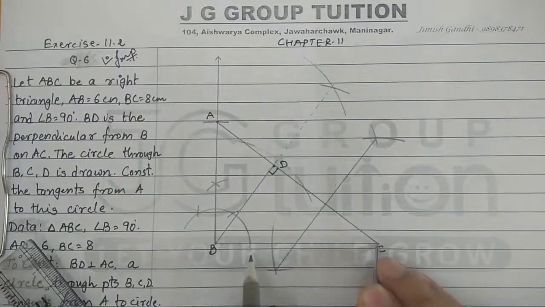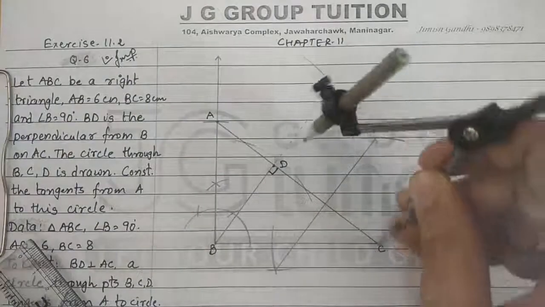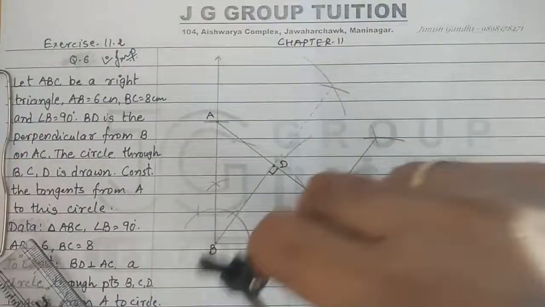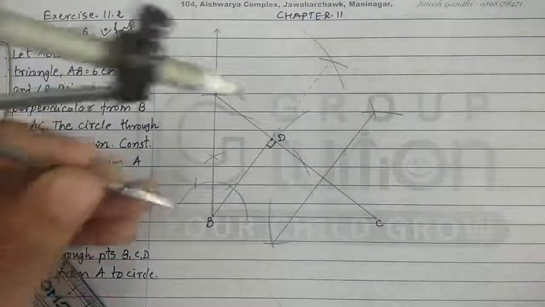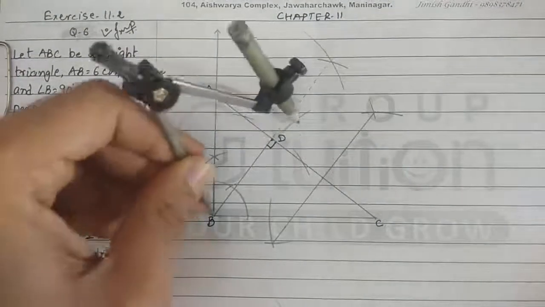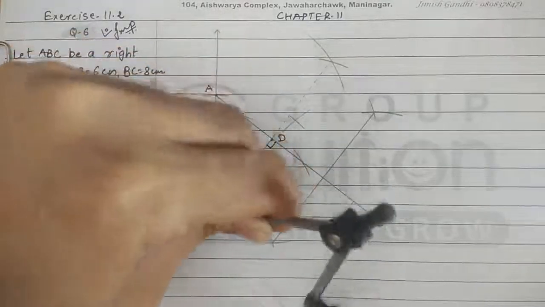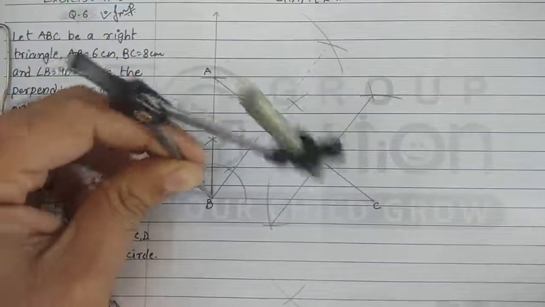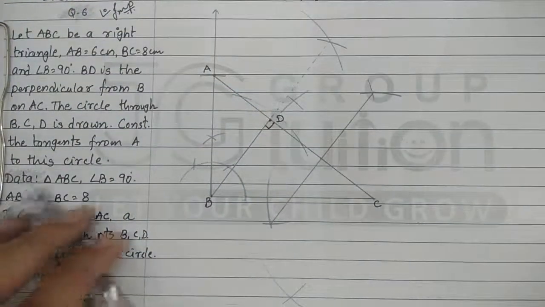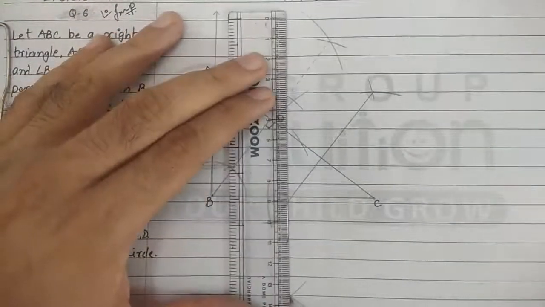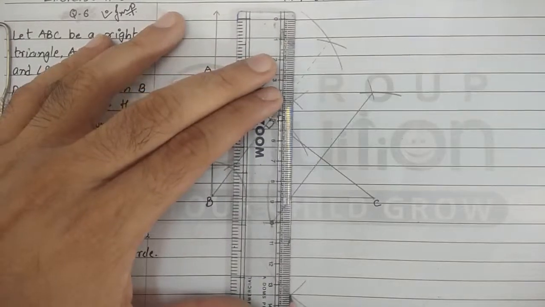BC के आधे से ज़्यादा मैंने radius लिया. One arc on the upper side, one on the lower side. We keep the same radius from point B. This arc is intersecting here and this is here. You can see this is where the intersecting arc is. So now join these intersecting points, which is the perpendicular bisector of BC.